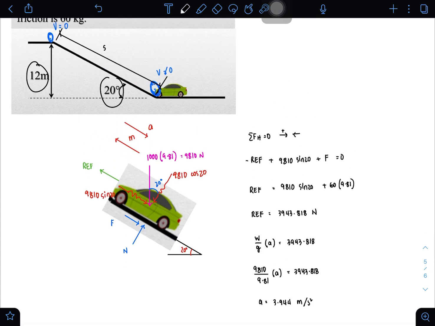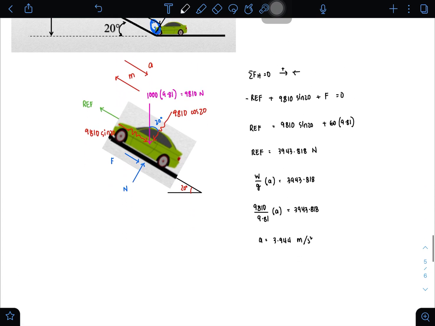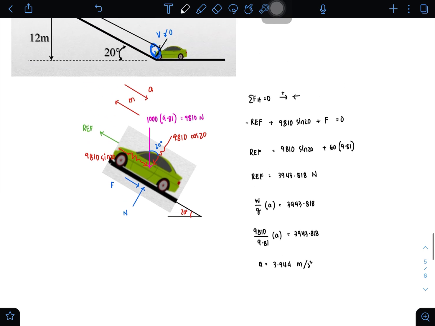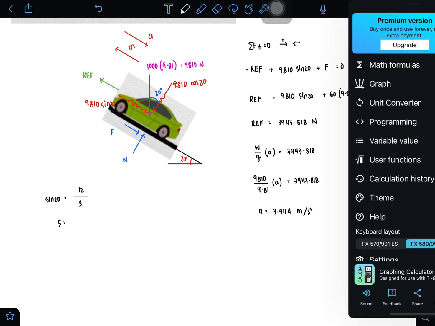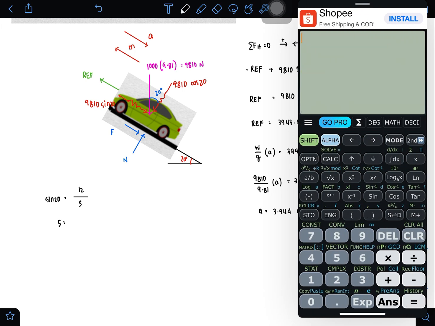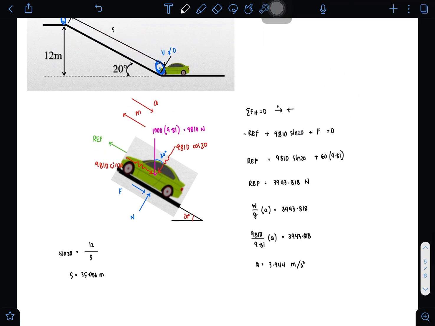From this function of sine. So solving for S, sine of 20 is equal to 12 over S. So our S distance is 12 over sine 20. That's 35.086 meters. So that is our S distance.